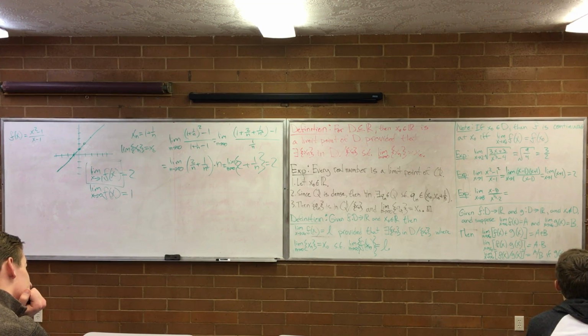Why is it equal to 2? The limit as x goes to 1 of x plus 1 is 1 plus 1. 1 plus 1 is 2.